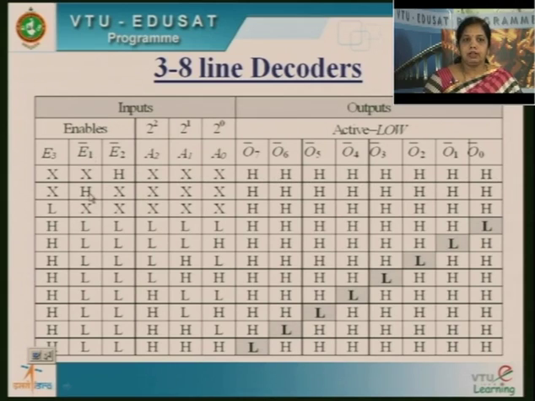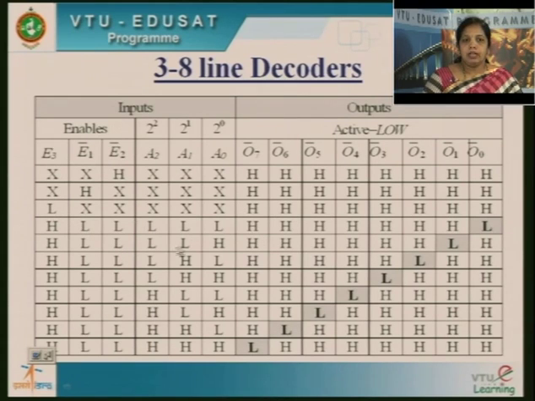Similarly here, if I give E1 complement as high, whatever may be the inputs of E3 and E2 and input signals, all your outputs will be held high. So the third case, whatever may be the input of E1 and E2, if my E3 enable pin is low, all your outputs will be held high.